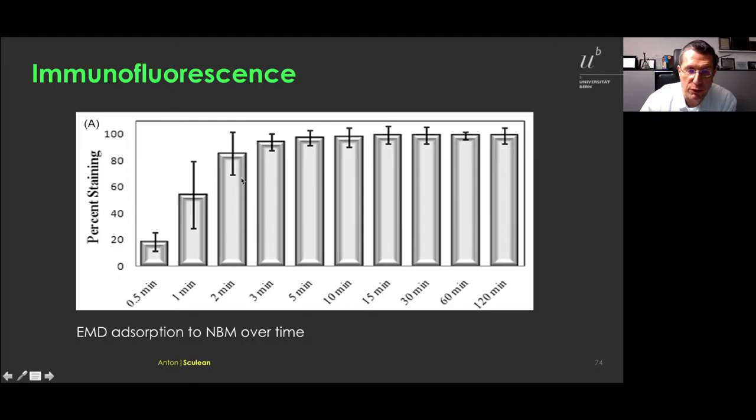If you wait for 2 minutes, you have maybe 80%. You wait 3 minutes, you have more. You wait 5 minutes, you have 100%. So in other words, dear colleagues, if you use the mixture of Emdogain and the graft, you should mix the two components at least 5 minutes before you place it in a defect, if you don't want to get significant loss of this protein concentration.